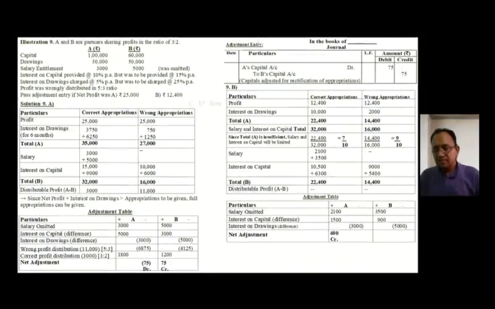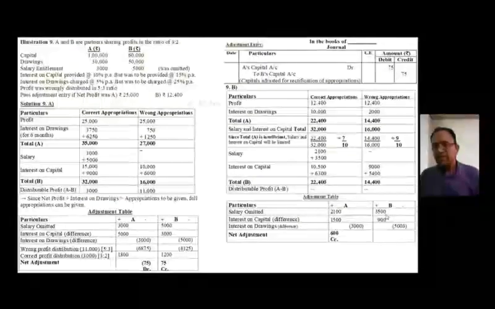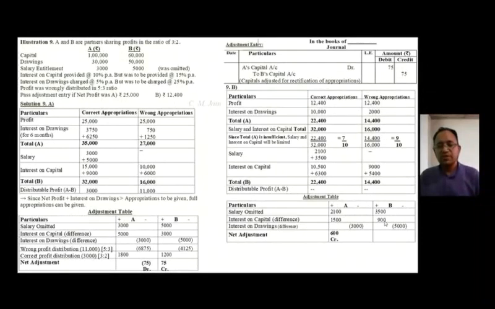Now let's see in case of B. 3,500 plus 900, 4,400 is to be given. But 5,000 is to be taken back. So that means net 600 is to be taken. So 600 within brackets means we will debit B's capital account with rupees 600.